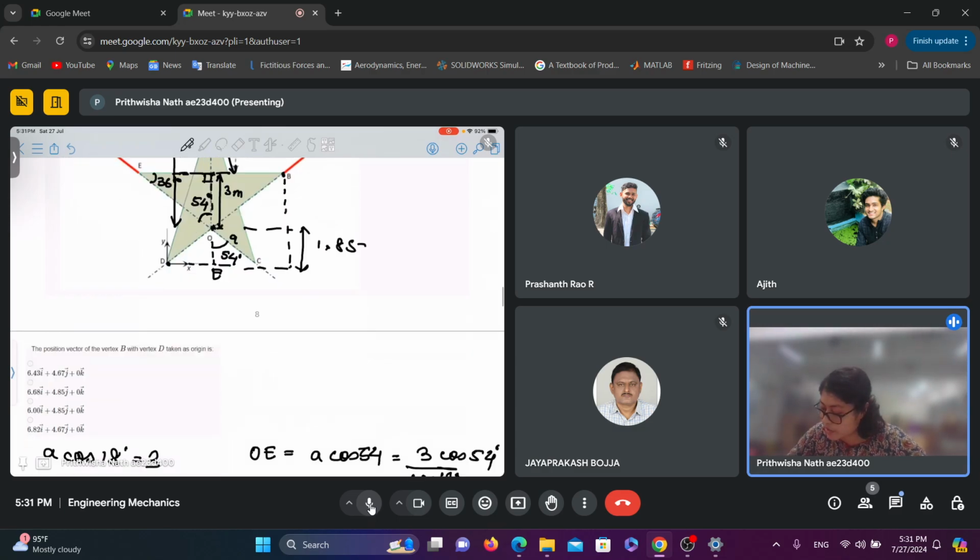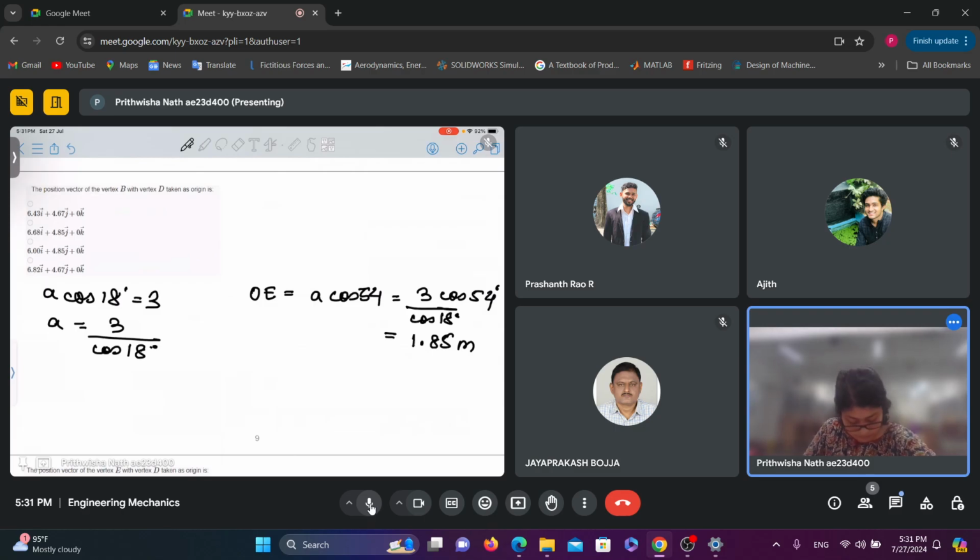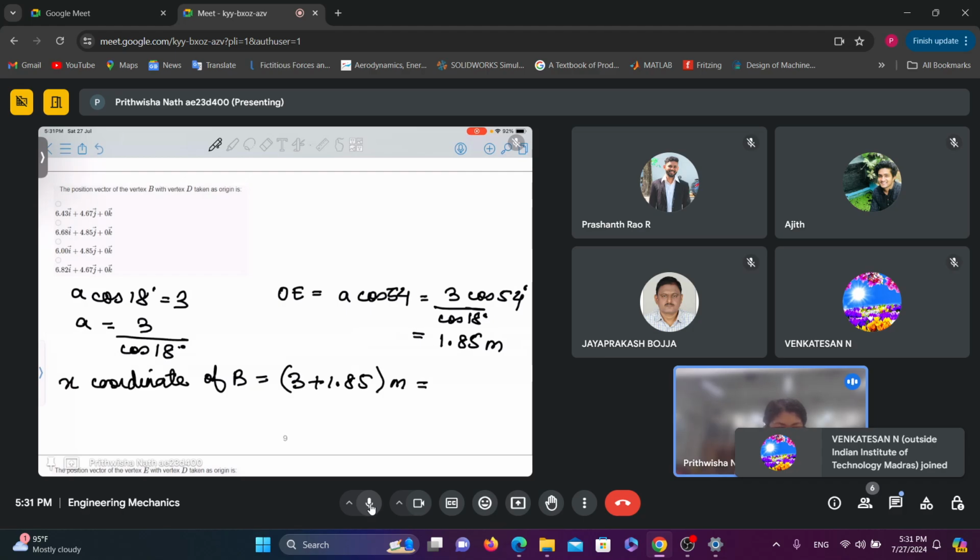So the y coordinate of B is 3 plus 1.85 meter, that is 4.85 meter.